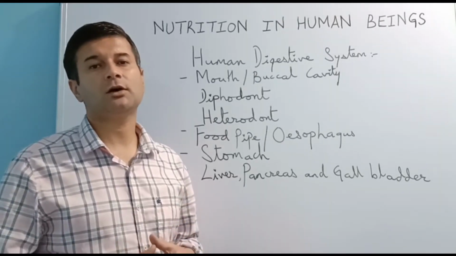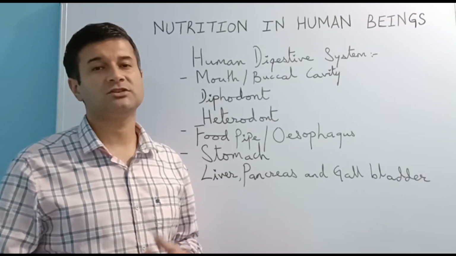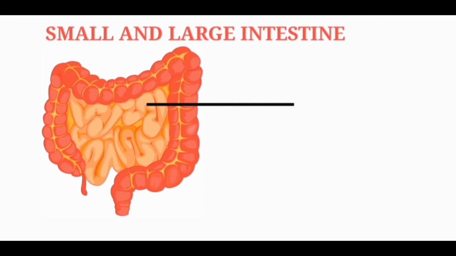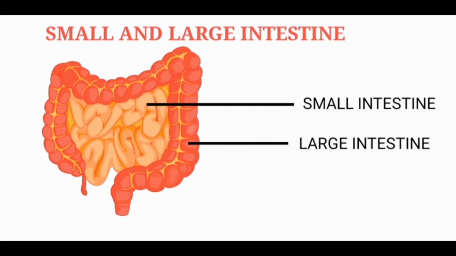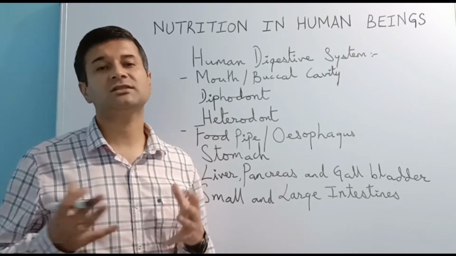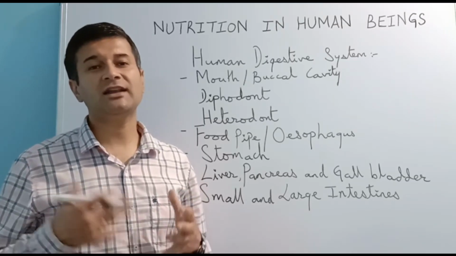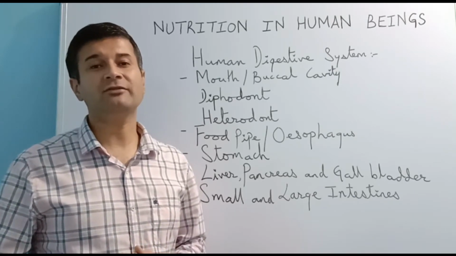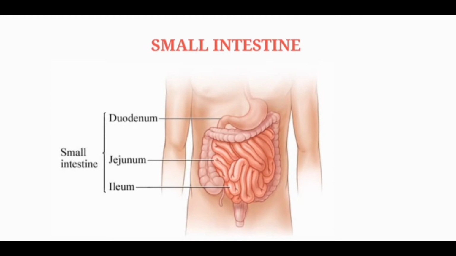The next part of the digestive system is the small and large intestine. The small intestine is convoluted, that is, a highly coiled tube having a length of about 7.5 meters. It is further divided into three regions, namely duodenum, jejunum and ileum.